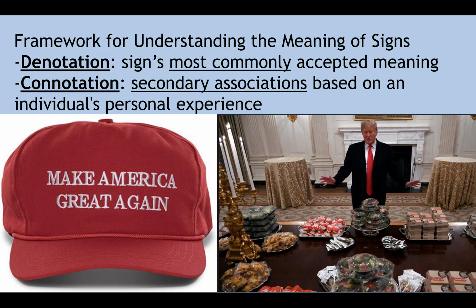The one on the right, the denotation is just basically the president, or a person in a suit in an ornate room with a candelabra, in front of some food. That's the basic meaning of the image as a sign. What's the connotation? I'll divide this again to make it simpler. If you're a high status person who likes the finer things in life, you'll see the president, the highest status person in the world, the most powerful person.